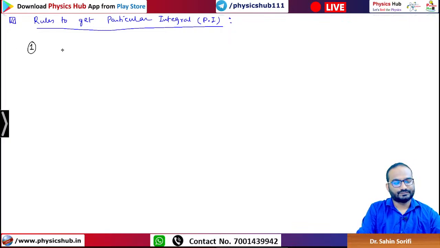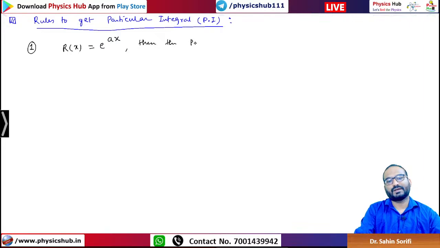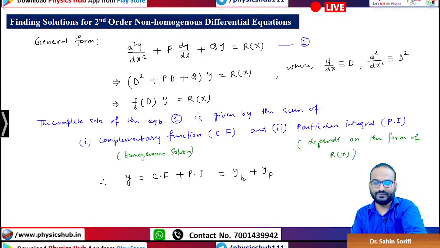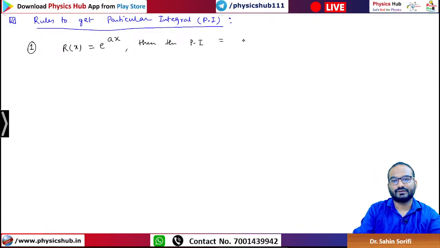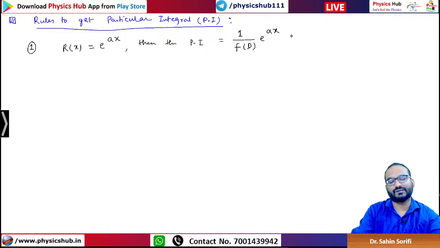Number 1, let's say r(x) is an exponential function e^(ax). Then the particular integral will be, since f(D) y = r(x), y = 1/f(D) r(x). Now r(x) is e^(ax), so it is 1/f(D) e^(ax).